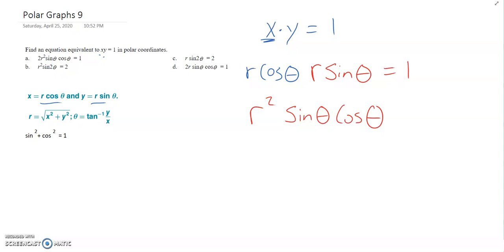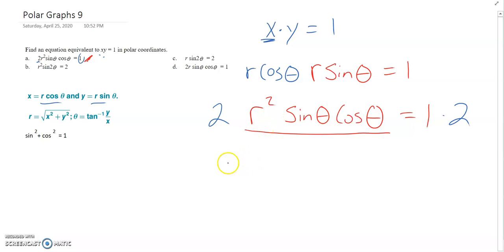At this point, I do see that this answer is very close to looking like this answer here, but not quite. What's different about it is there's a 2, and obviously if I multiplied by 2 here to make this part correct, then I would have to multiply by 2 over here, and I wouldn't have that over there. But if I do multiply by 2, I'm going to put it actually r squared times 2. I'm going to put it like this.